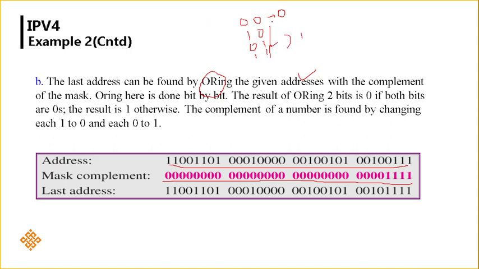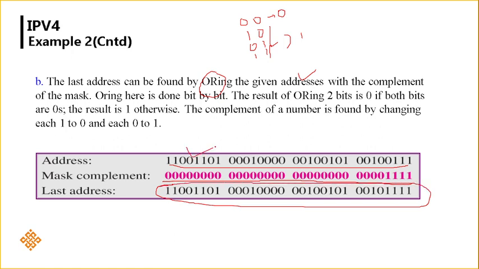If both bits are 0, the result is 0. That is the ORing operation. Here you can see 1 1 1: if one of the bits is 1, it is 1 only. And here 1 0 is 1. Same thing: wherever there is 0 0, you put 0. Just apply this ORing operation here, then you will get back your last address. You can see the last address here.